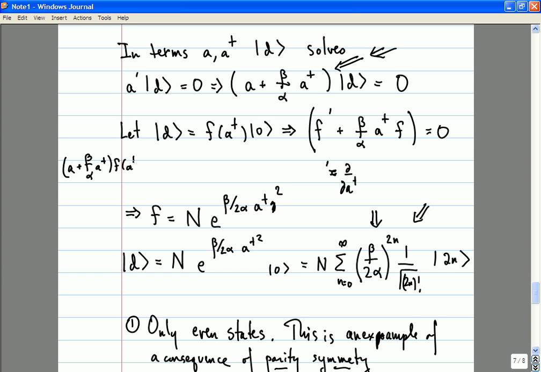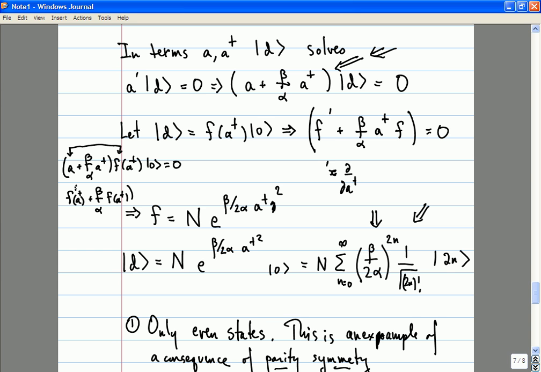Okay? So what we do is we then take this A and we commute it through that F to make it hit the ground state. When it hits the ground state, you get 0. So you're just left with a commutator of A with F, which is F prime. So of A dagger plus beta over alpha F of A dagger acting on the ground state is equal to 0.